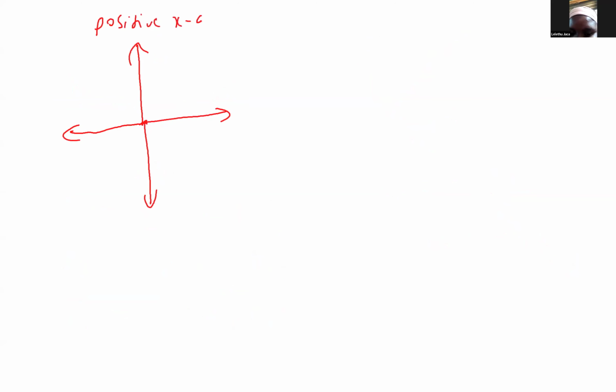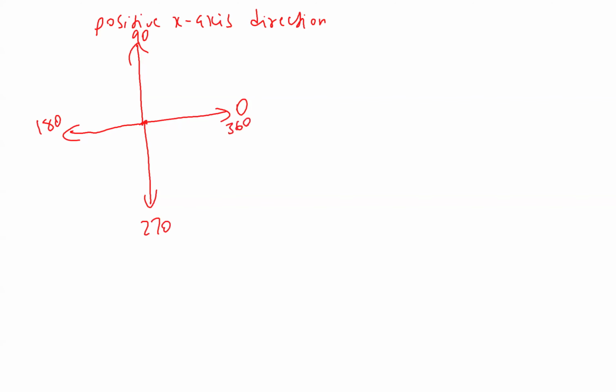This is what you do: you put 0 here, 90 here, 180 here, 270 here, to 360. So this is how the direction goes, anti-clockwise from the x-axis. This is x, this is y, anti-clockwise.